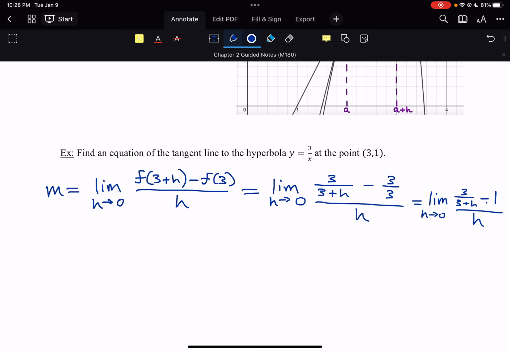So what we're going to do, we have this fraction up here and this minus 1. Let's try to combine these into one single term. So I'm going to give them a common denominator of 3 plus h. So this is going to be the limit as h approaches 0 of 3 over 3 plus h minus (3 plus h) over 3 plus h, all over h.